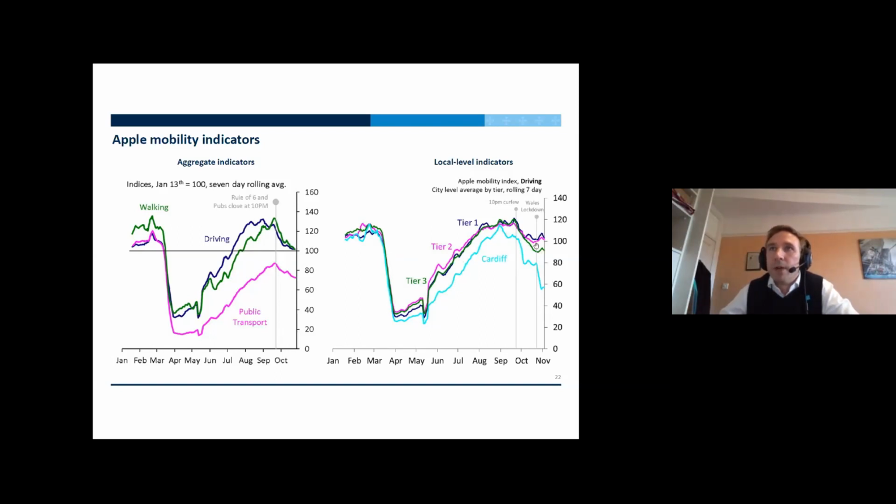Driving in tier 3 was being hit a bit more than tiers 1 or 2. Wales went into a full lockdown before England did, so you can see here Cardiff faring particularly weakly on the mobility side of things. So you can start to use these indicators to get a handle on some of the effects of lockdown. This was Apple.